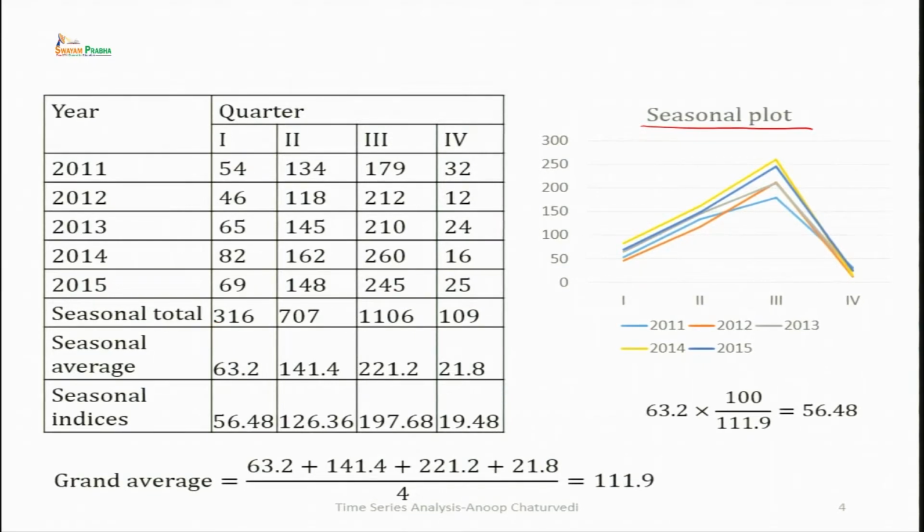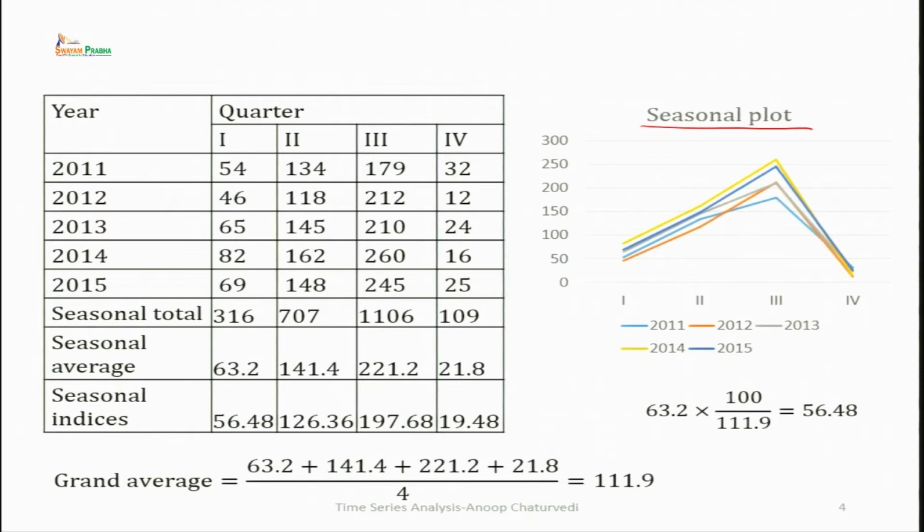So, actually 316 is equal to 54 plus 46 plus 65 plus 82 plus 69. Similarly, you obtain seasonal totals for quarters 2, 3 and 4 also. Then we divide these seasonal totals by the number of years, which is 5 in this case, and then you obtain the seasonal averages 63.2, 141.4, 221.2 and 21.8.